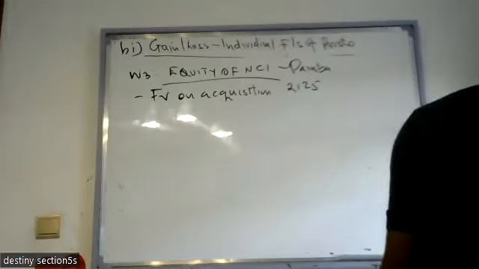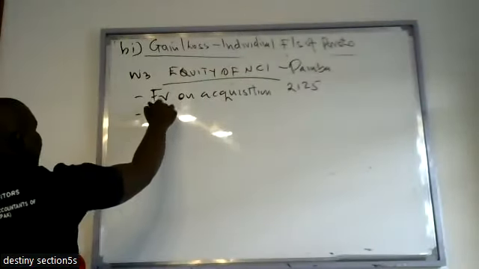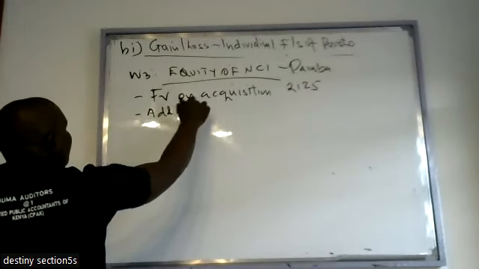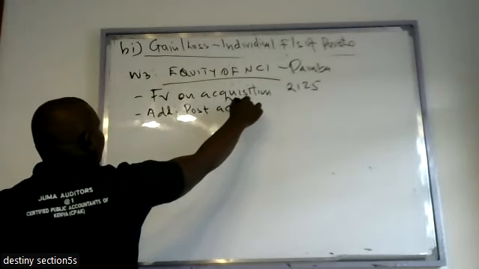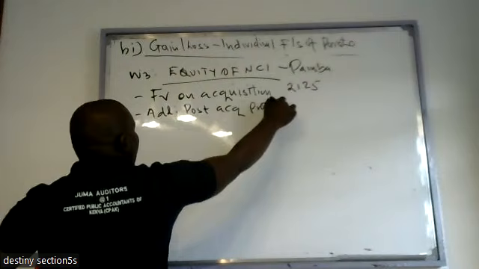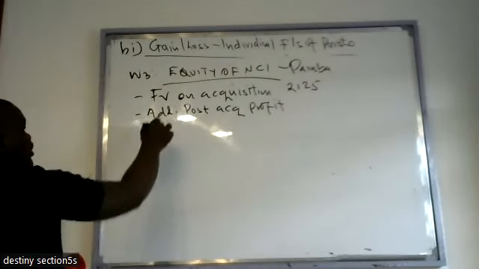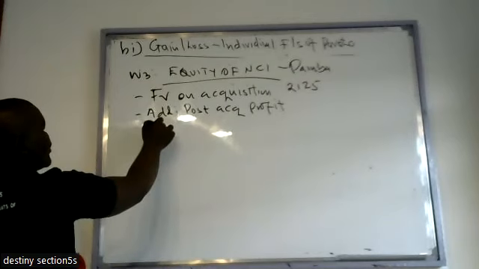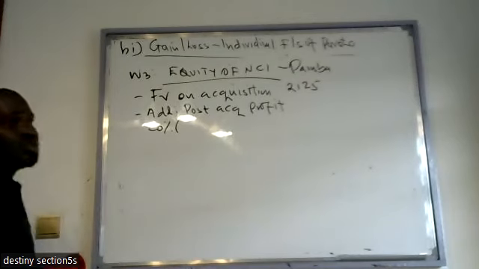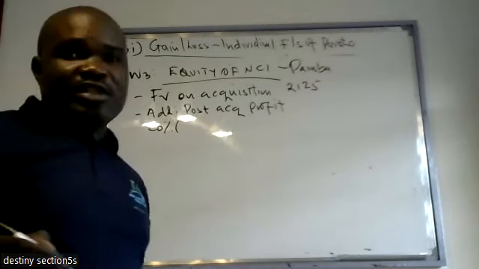Then you add what we call post-acquisition profits. The profit which Pamba made after acquisition, minority will be going with the 20% because parent went with 80.